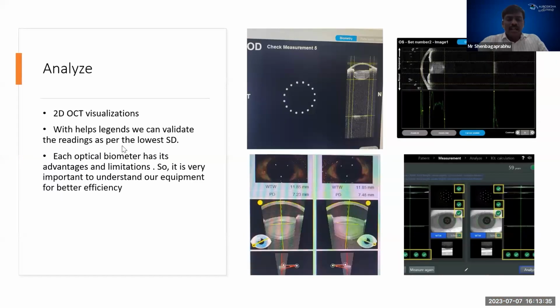Then comes the analysis. I stick to analysis in terms of patient fixation. The latest OCTs come with various advantages, but each has its own limitations. By understanding the machine properly, we can get the best out of it. For example, in this picture you get a lot of disturbance in the OCT.